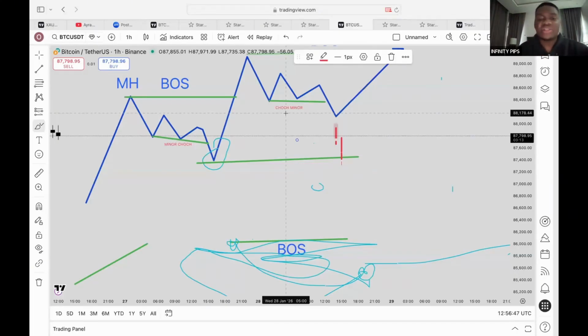So whether the market is changing character or trying to create the BOS, this can apply. Now, the second one is, if the first candlestick here closed with a wick, there may be another red candlestick as well.